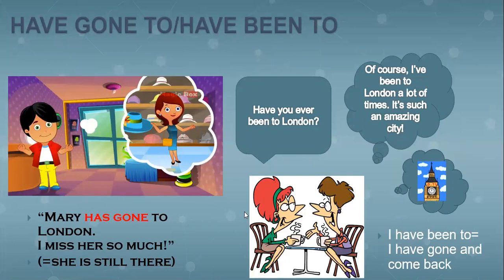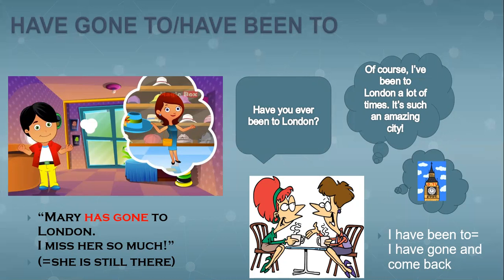So let's look at another expression that is related to the present perfect. We have has gone and has been. Sometimes I use the expression has gone. Sometimes I use the expression has been, or I use have gone and have been.